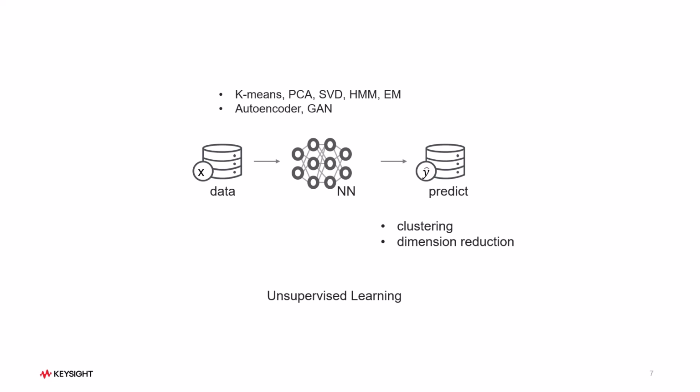Think of it as organizing a messy room without labels. Unsupervised learning also includes dimensionality reduction, which helps simplify complex data while retaining its essential characteristics. This is useful in fields like customer segmentation or anomaly detection.